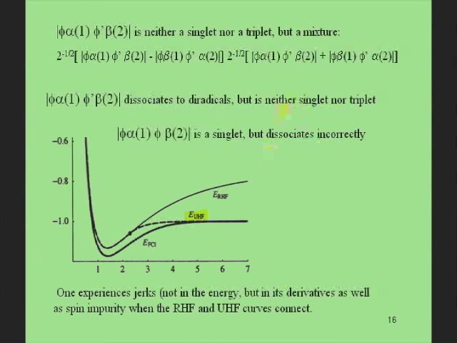Because when you break these two fragments apart, and they're very far apart, whether this is alpha, alpha, or alpha, beta, or beta, alpha, or beta, beta doesn't make much difference. That is, when the fragments are far apart, whether they're singlet or triplet coupled is essentially irrelevant. As they're breaking apart, though, it is relevant. So this UHF curve is not quantitatively good, but at least it doesn't dissociate ridiculously as the restricted Hartree-Fock curve does.